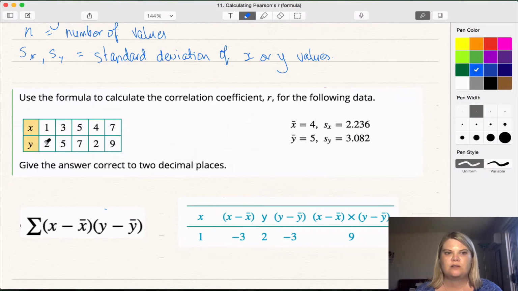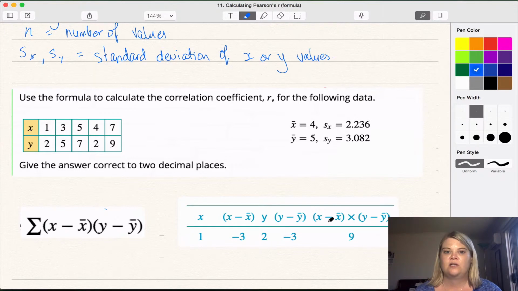The y value is 2, y minus y bar, so 2 minus 5 is negative 3. And then this last column is multiplying this column by this column, because that's what the formula tells you to do. Multiply them both together, so we get negative 3 times negative 3, 9 in this situation.